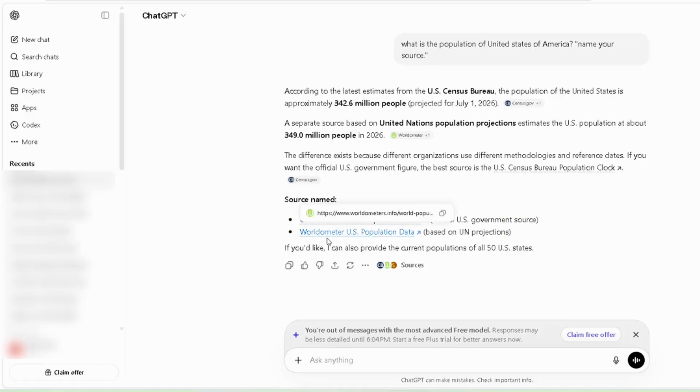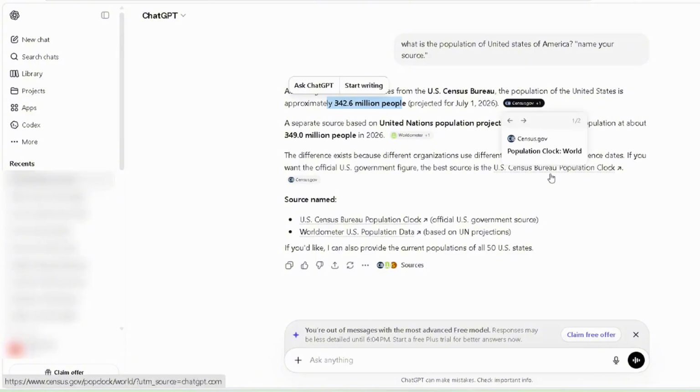It also tells you the source names. It further asks, if you would like, it can also provide the current population of all 50 states. 342.6 million people are currently living in the United States, projected for July 1st, 2026.